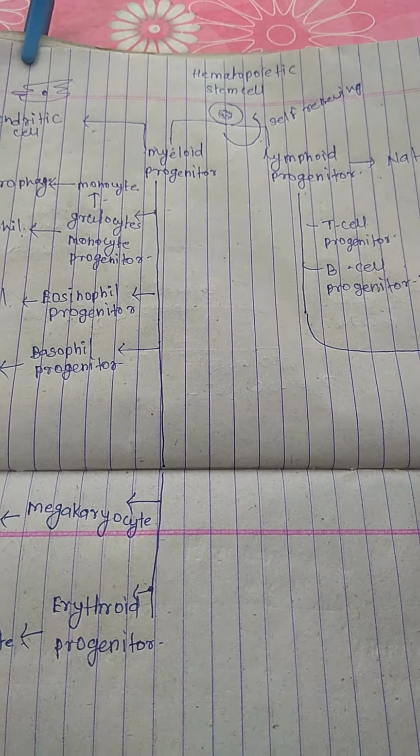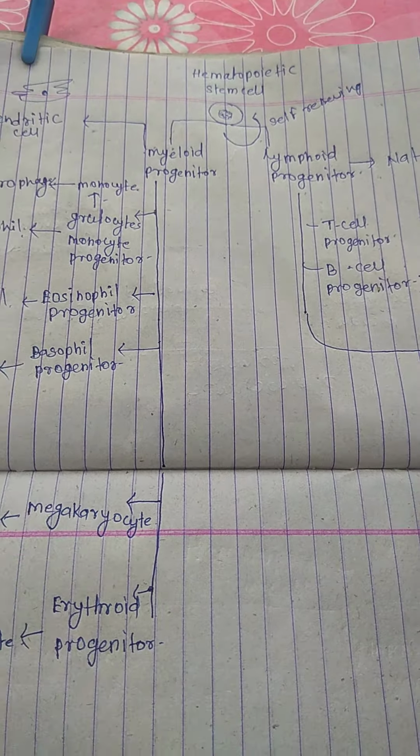After that, hematopoietic stem cells form lymphoid progenitors. This means that T cells, B cells and natural killer cells are lymphoid cells.